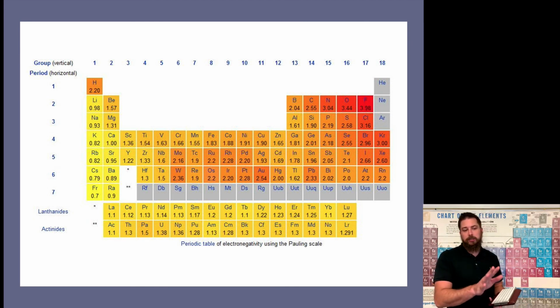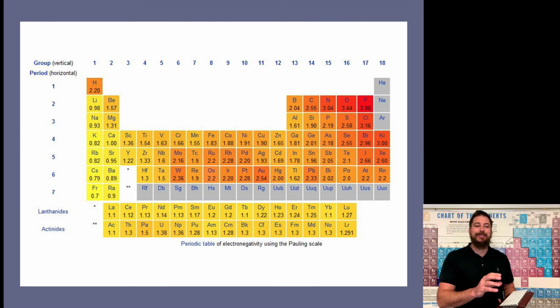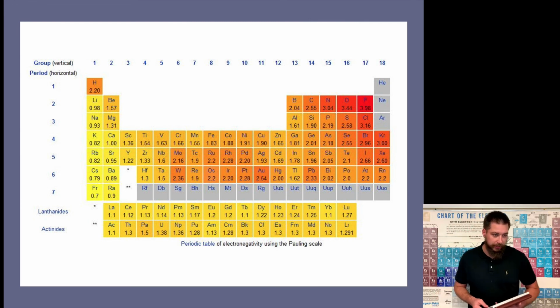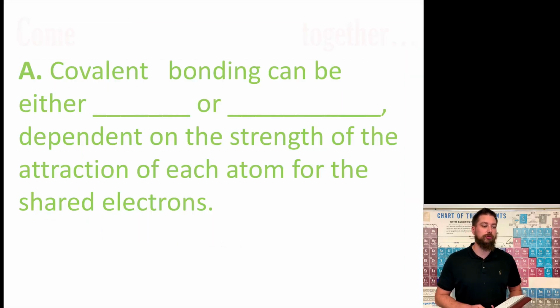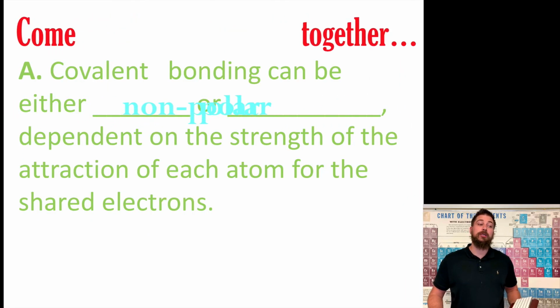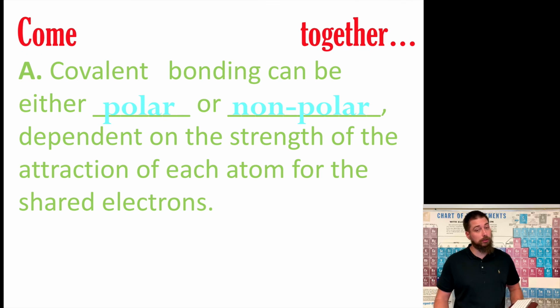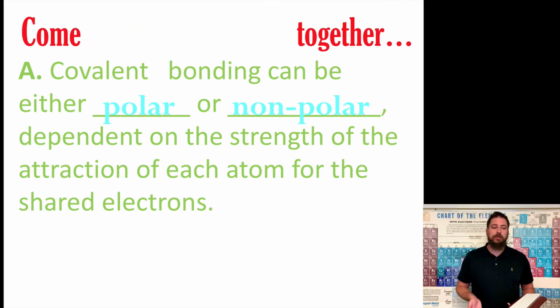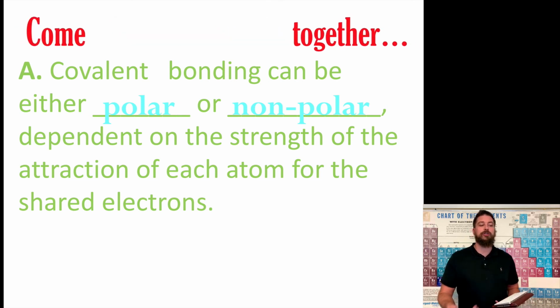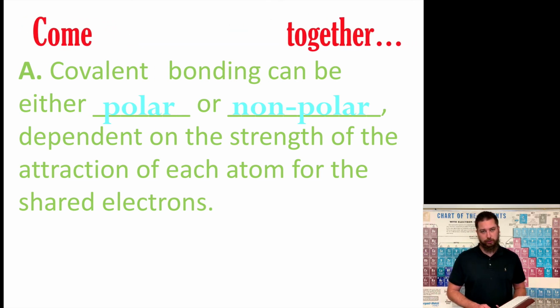So keeping this chart in mind, again, electronegativity is the pull on shared electrons. Let's keep in mind the general trend there. So covalent bonding can be either polar or nonpolar, and we're going to talk about what polarity means. And it's dependent on the strength of the attraction of each atom for the shared electrons.